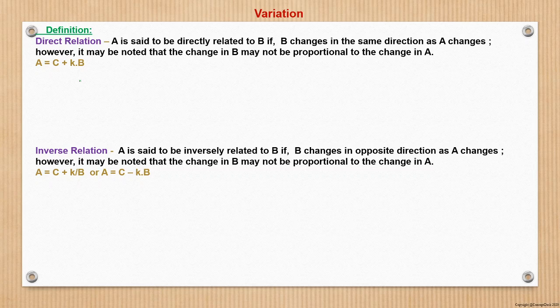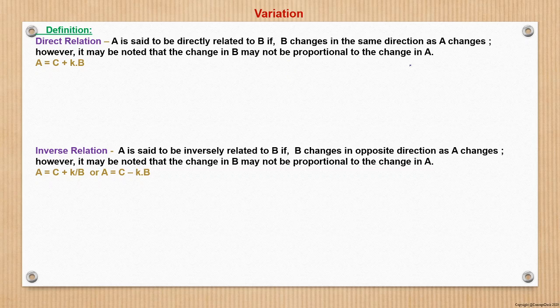Whereas A is said to be directly related to B if B changes in the same direction as A. However, it may be noted that the change in B may not be proportional to the change in A.